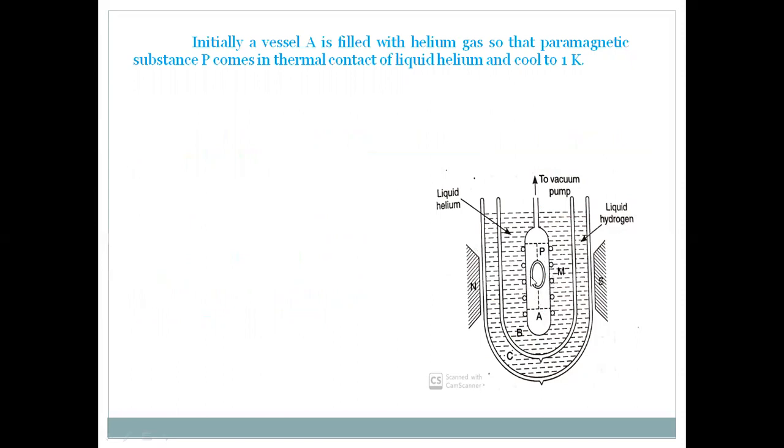The temperature of this gadolinium sulfate reaches 1 Kelvin, because Dewar flask B is filled with liquid helium at 1 Kelvin. Because helium gas is a good conductor of heat, after some time the temperature of this gadolinium sulfate also reaches 1 Kelvin.